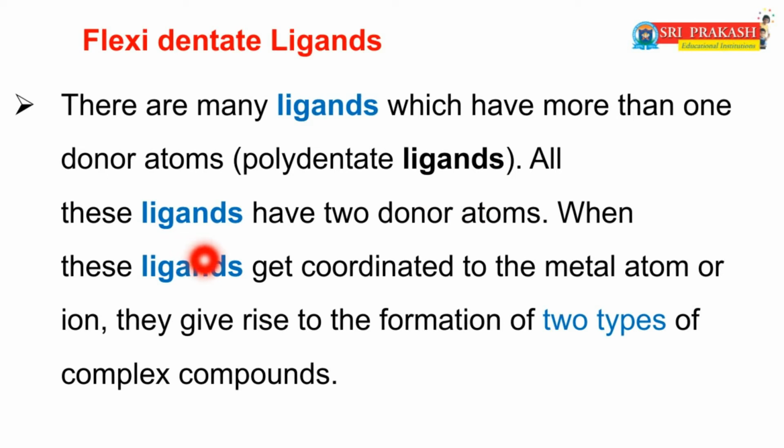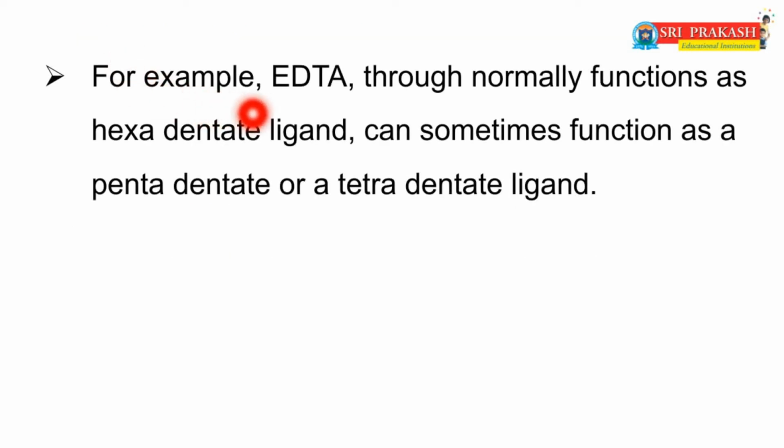When these ligands get coordinated to the metal atom or ion, they give rise to the formation of two types of complex compounds. For example, EDTA. What is the full form of EDTA? Yes, ethylenediaminetetraacetate. Actually, this is a hexadentate ligand.